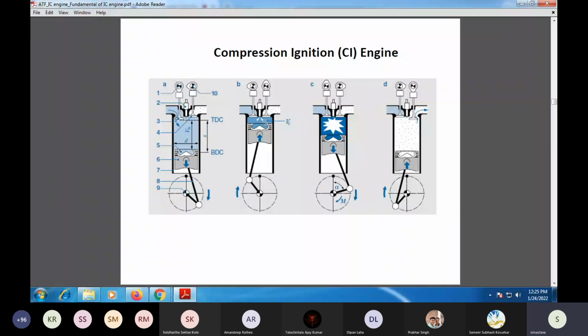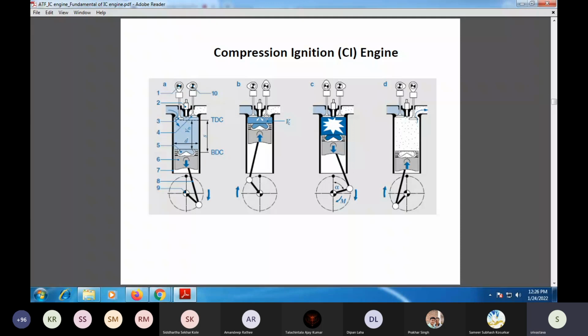So depending upon the air fuel mixture distribution inside the combustion chamber, there is a probability that combustion starts at several locations simultaneously if the thermodynamic condition is conducive for the combustion.